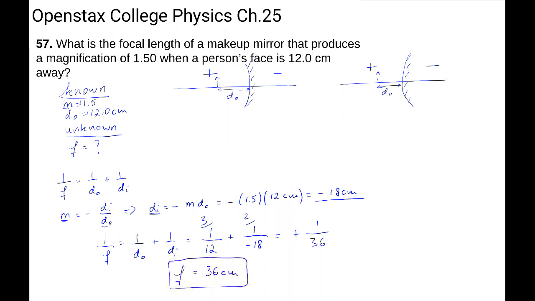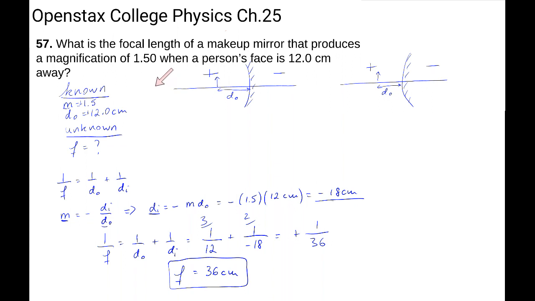What does this mean? It means that we have the focal length somewhere here, since the object distance was 12 centimeters and the focal length is 3 times that. So the focal length is somewhere here, right?